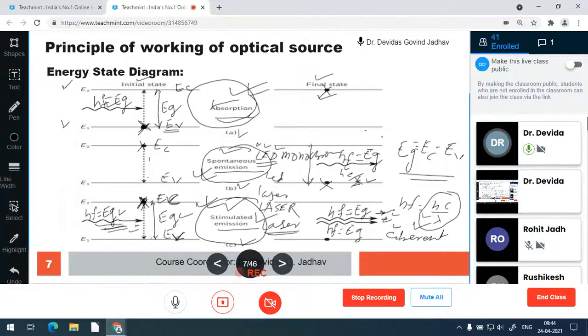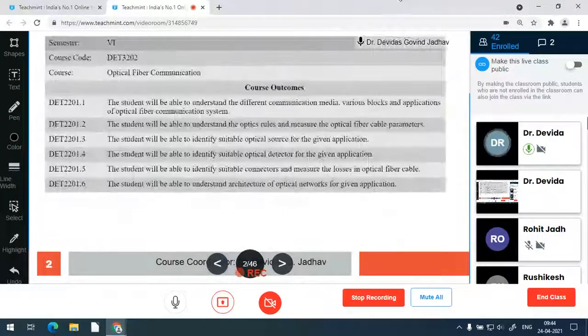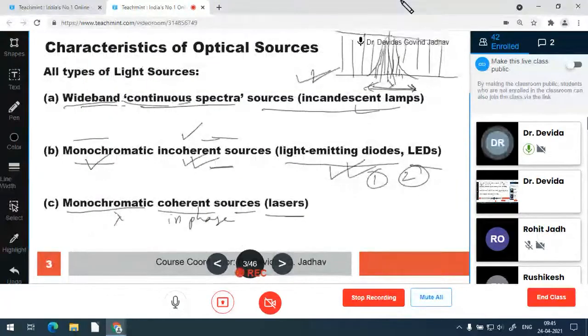So today we have seen the different requirements and characteristics of the sources, how the sources should be in optical fiber communication, and the various processes and mechanisms by which optical emission takes place. So a very quick rewind. What are the characteristics of optical sources? Optical sources may be wideband or continuous spectrum sources like incandescent light, where all the wavelengths are present.